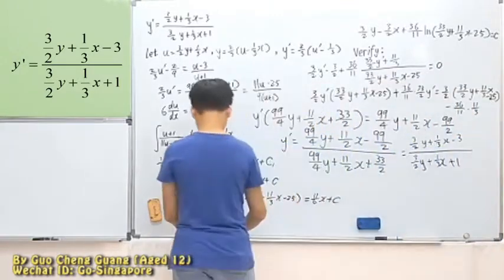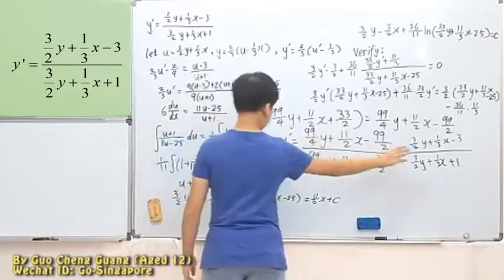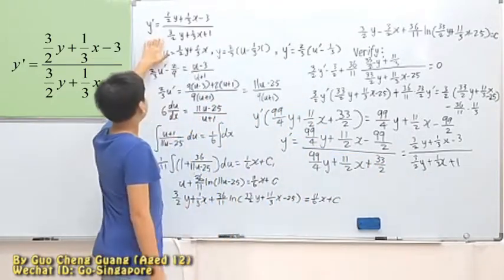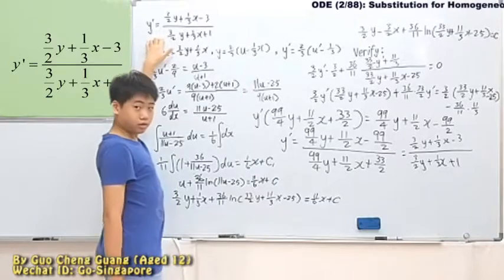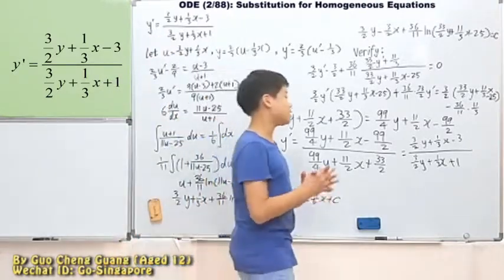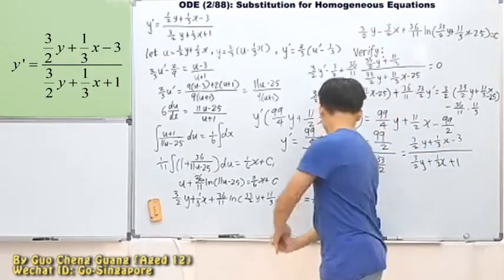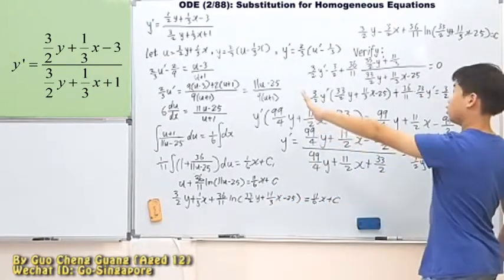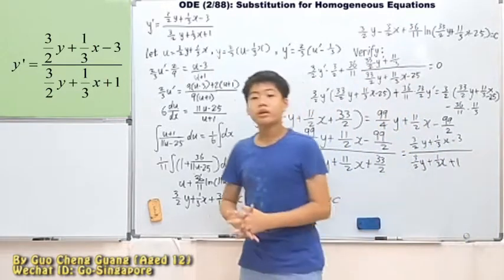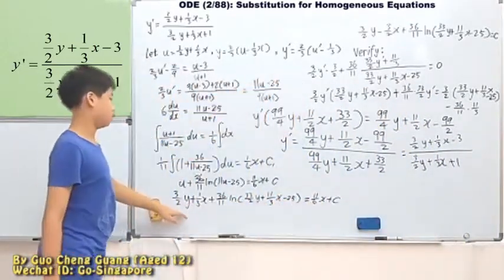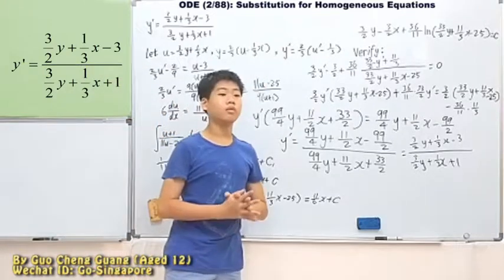Making a quick comparison between what we got from the verification and the ordinary differential equation that we had at first, they are all the same. So the solution that we've got is right.